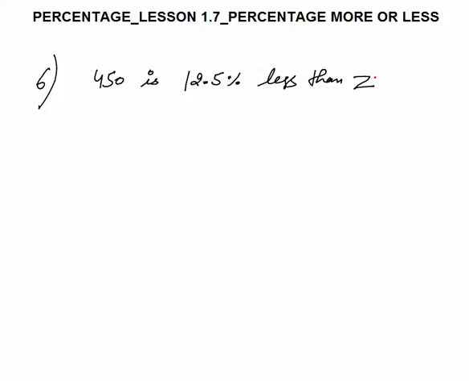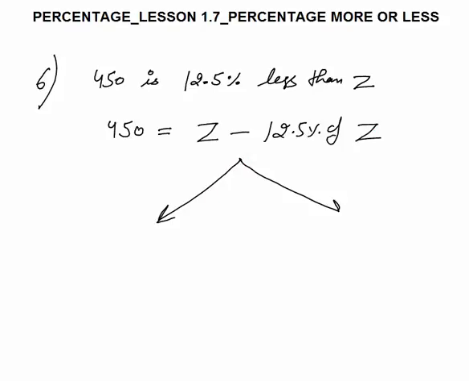Now question number 6 is 450 is 12.5% less than z. What it actually means is that 450 is equal to z minus 12.5% of z. That is its meaning. Now either you can solve in a decimal way or in a fraction way. Decimal way, it would be 100% of z. I am not writing this time, I am just telling you z means 100% of z minus 12.5.